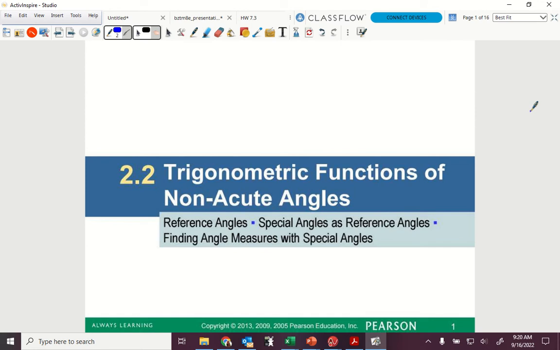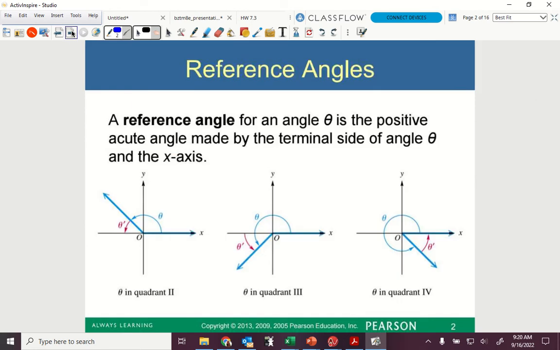Alright, so trigonometric functions, non-acute angles. Now, reference angles. This is kind of annoying. I hate the way that they actually do this, but a reference angle is important. If you notice, in quadrant 1 it doesn't have anything there, but this one right here is in quadrant 2.